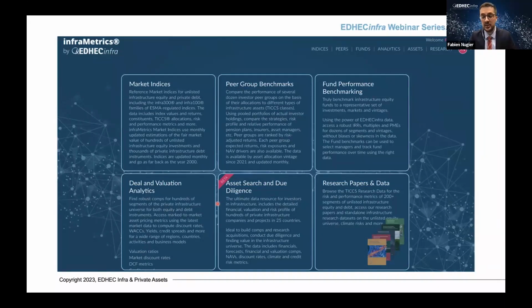And in this section, you'll find your metrics on climate risk in one tab that I will show after. And finally, you can find also research papers in the last section.